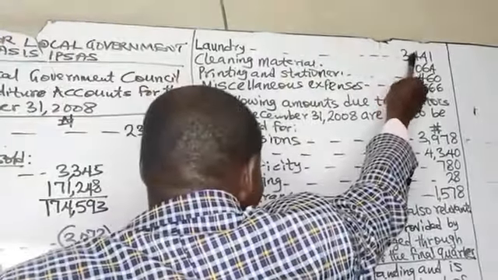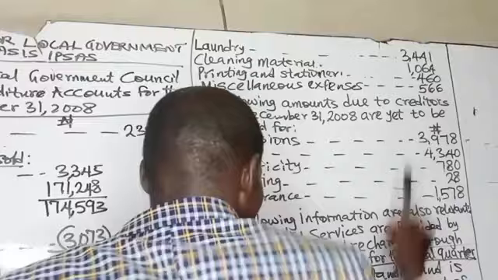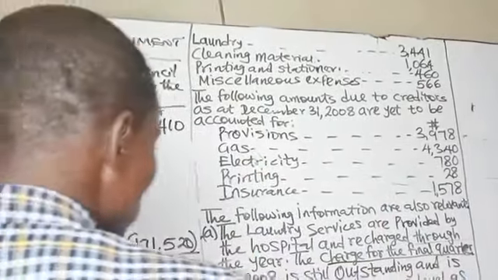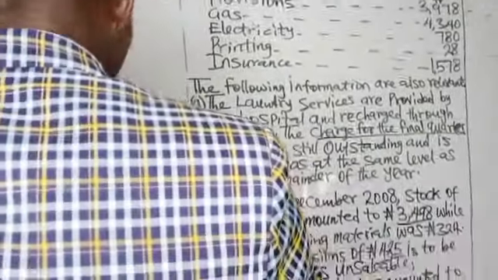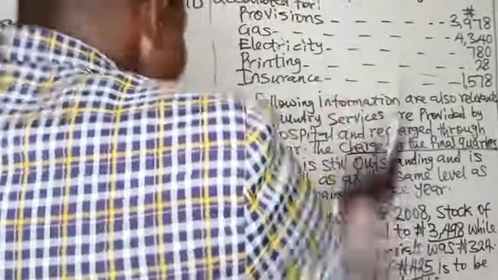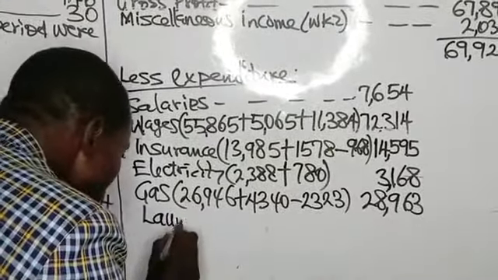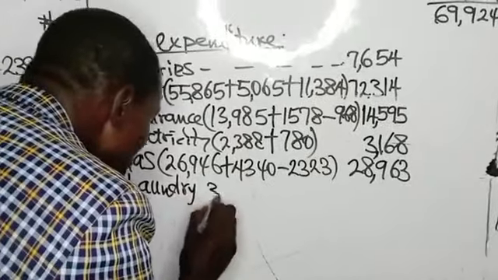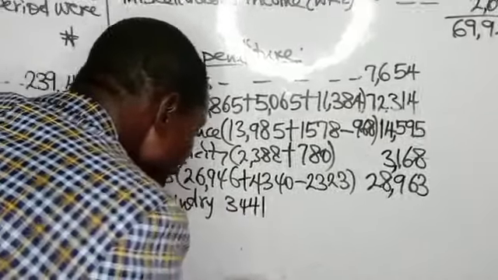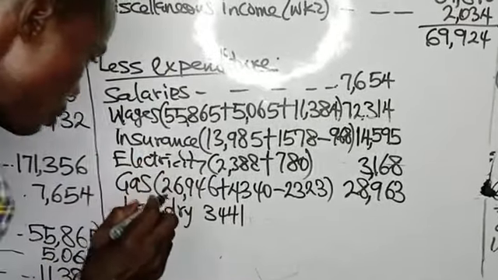First 3 quarters is 3,441. But the last quarter of 2008 is outstanding. So you want to calculate for the whole year now. So we have laundry, 3,441 for 3 quarters.